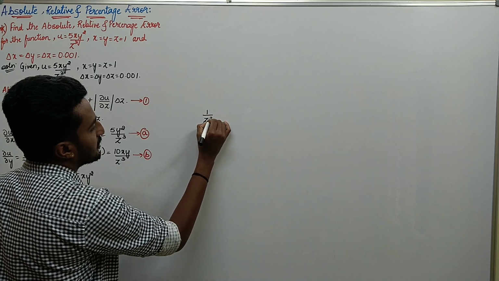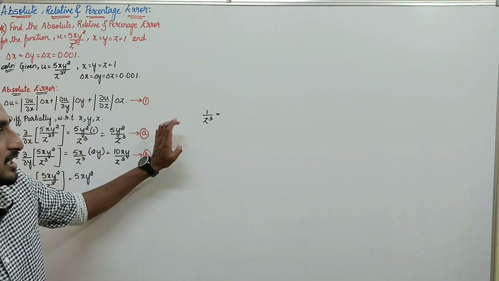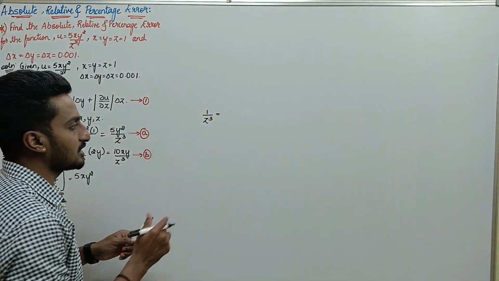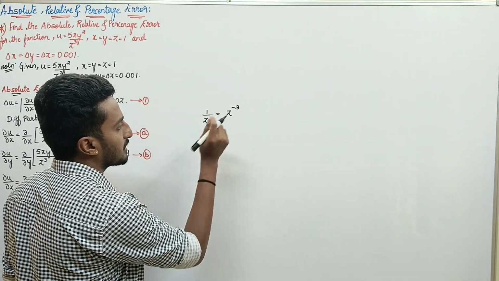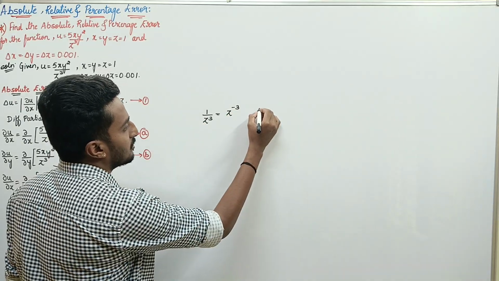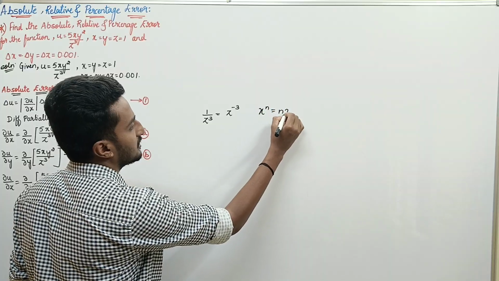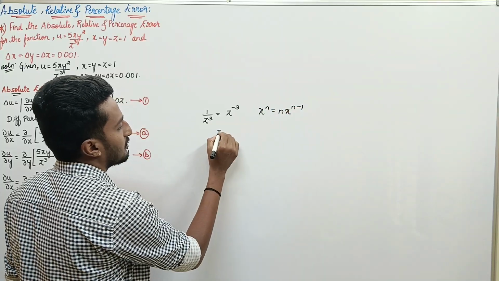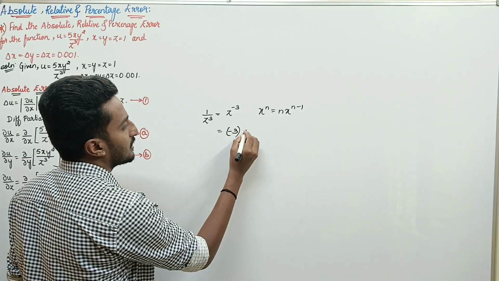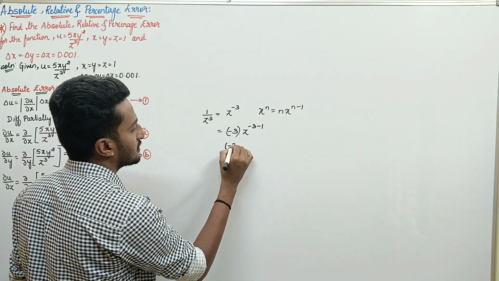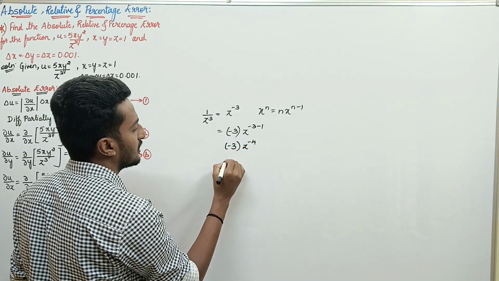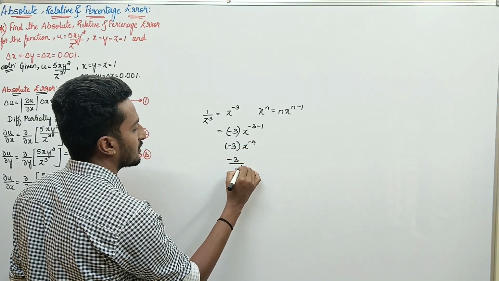To differentiate 1 by z cube, it is very easy. Just consider z to the power of minus 3. 1 by z cube can be written as z to the power of minus 3. Now differentiate x to the power of n, that is n into x to the power of n minus 1, which is equal to minus 3 into z to the power of minus 3 minus 1, minus 3 into z to the power of minus 4, that is minus 3 by z to the power of 4.